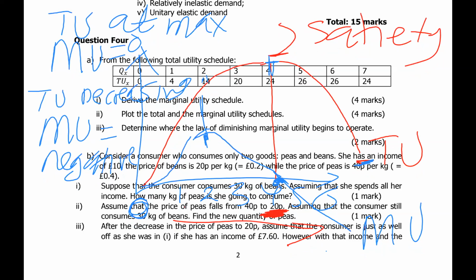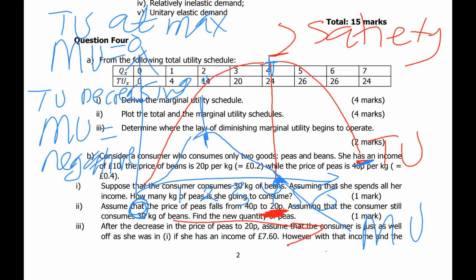Oh, okay. Let me use the green marker. Observe that this graph in red represents total utility. On the horizontal axis you have the units of a given commodity. Let's say these are mangoes.